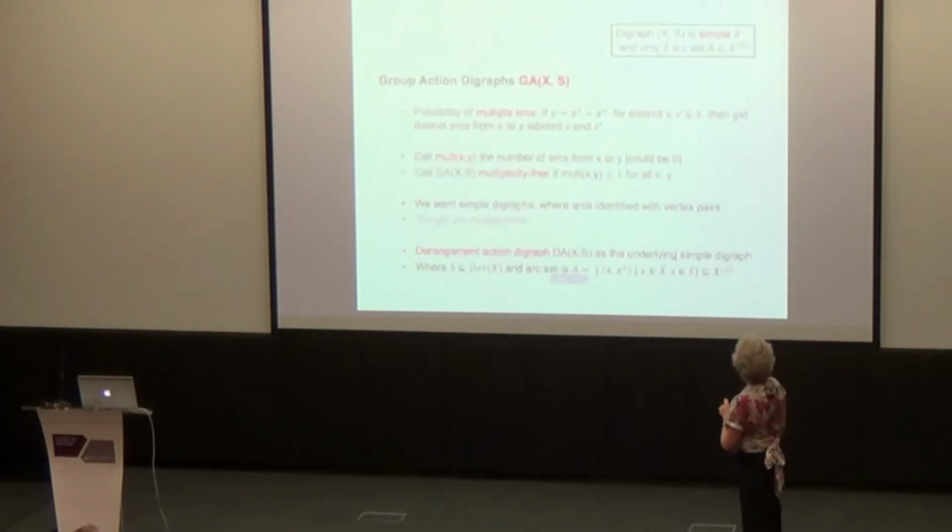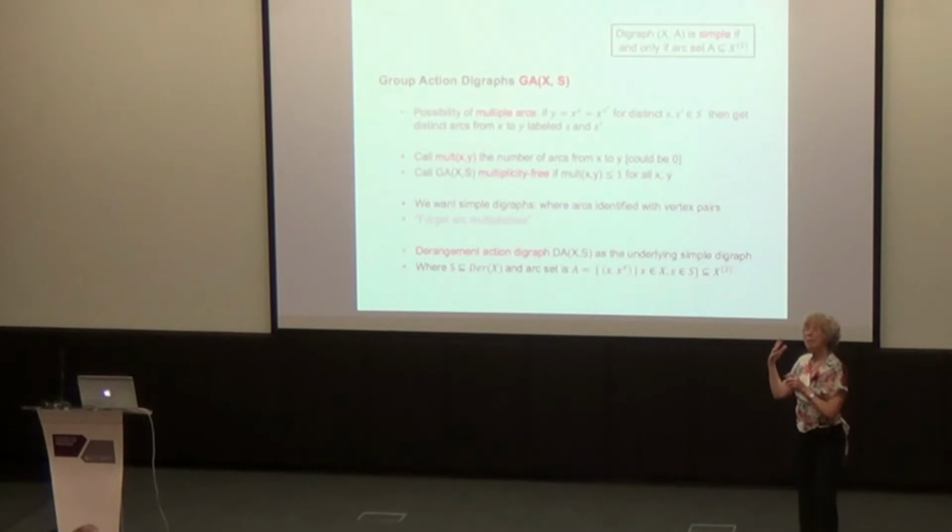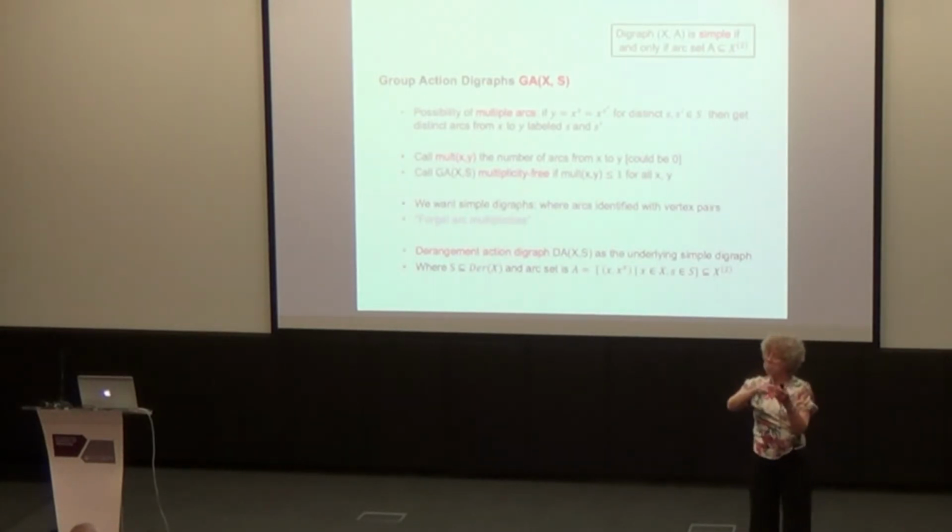Okay, first step. The next step is that, of course, in the group action digraphs, you can have two or more arcs going from X to Y if you happen to have different permutations, S and S dash, in your set, and both of them take X to Y. And in the group action digraph, you would label one of the arcs S and one of the arcs S dash.